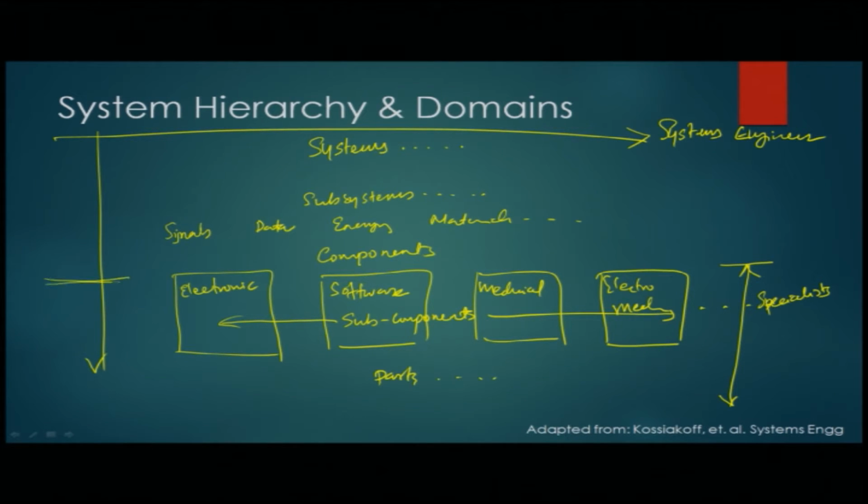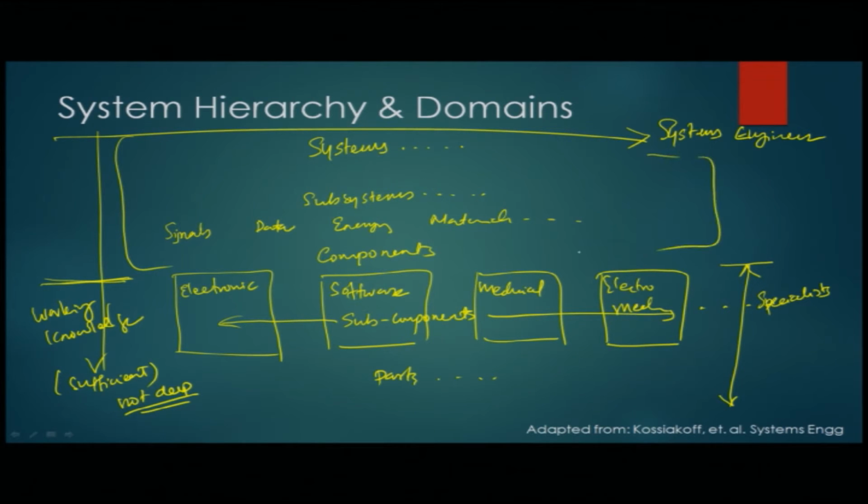In this place the knowledge of the systems engineer will be mostly in the form of a working knowledge, or what we call sufficient, not deep. All this knowledge is associated with the parts, but this area is where the systems engineer drives things. So this system hierarchy diagram should be kept in mind, because as we drill down at each level, we move from system to subsystem, subsystem to components, components to subcomponents, subcomponents to parts.